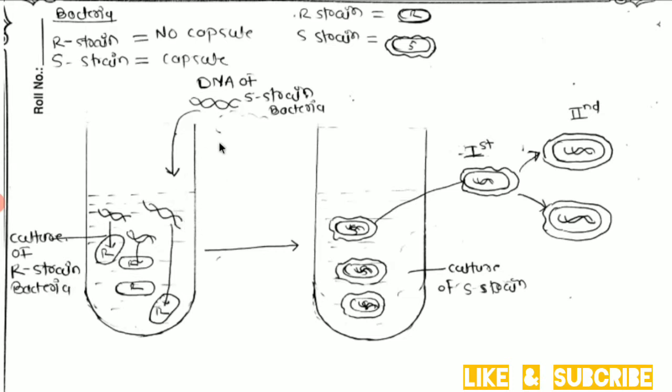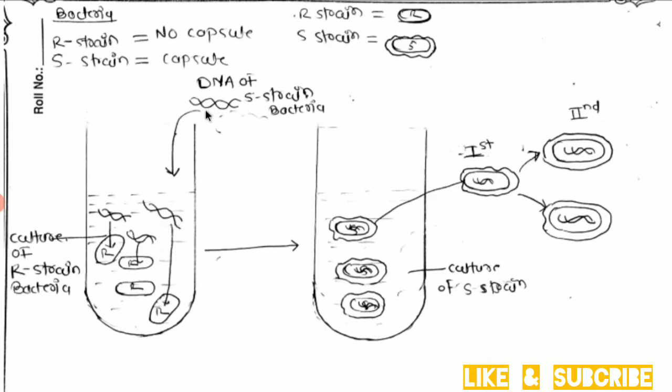In this test tube we add only the DNA of S bacteria. Actually this DNA, or the gene, has the information about the production of the capsule.